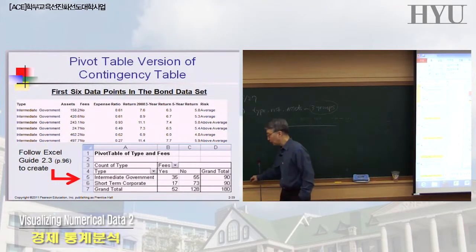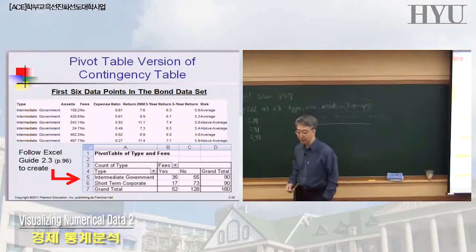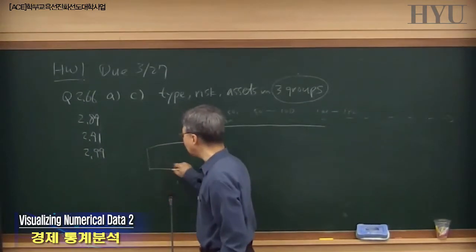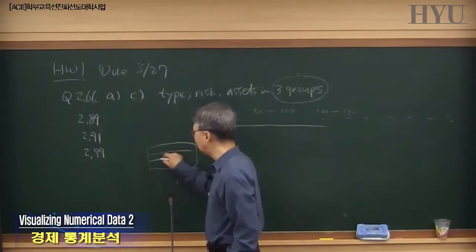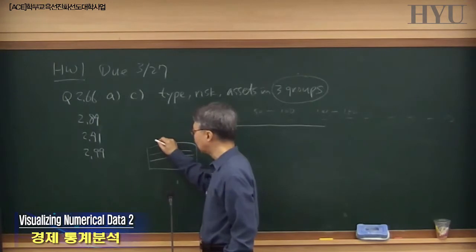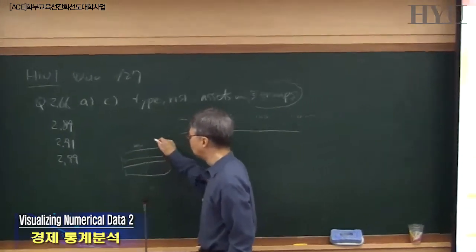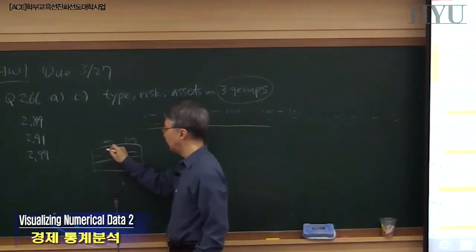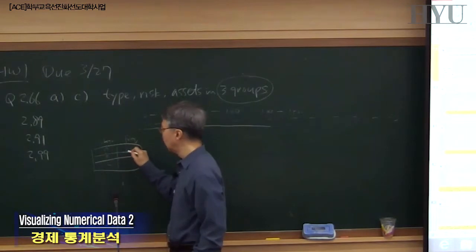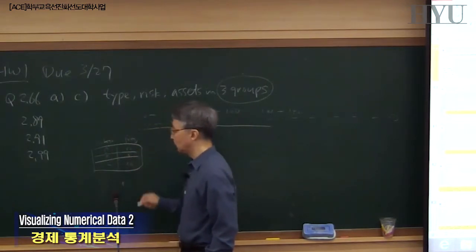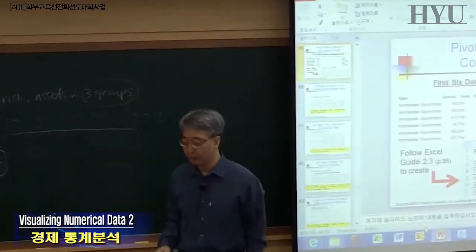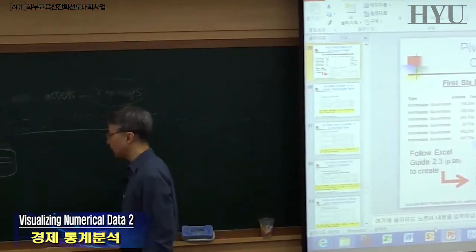Well, we started with the simplest type of table or summary. We had categories and frequency. So A, B, C, 10, 8, 16, something like that. That's the simplest type of frequency table, or you can say it's a summary table.